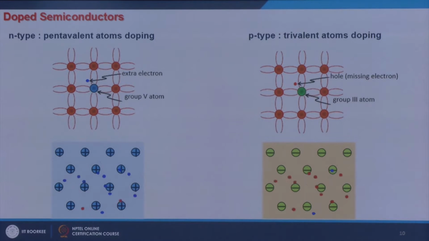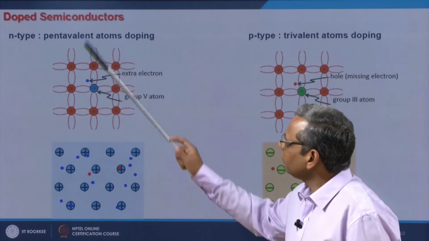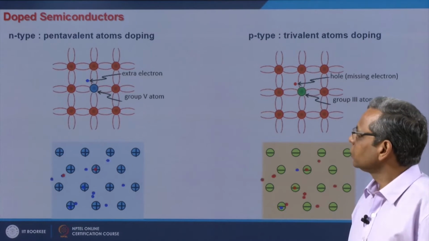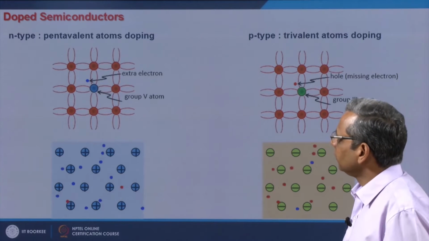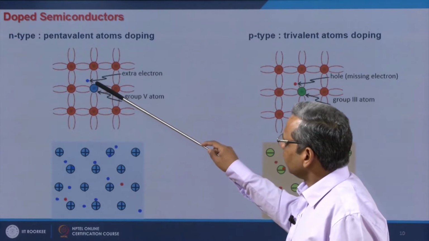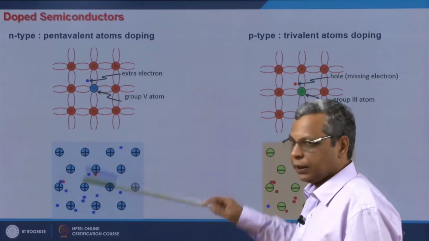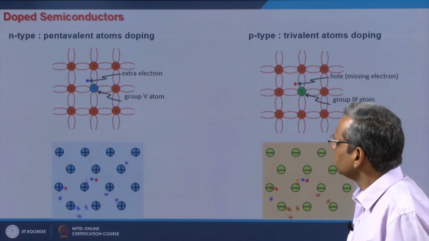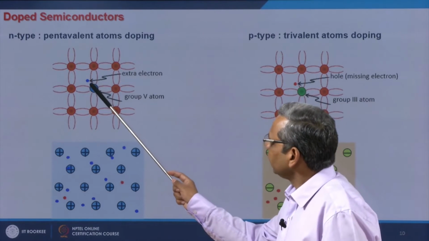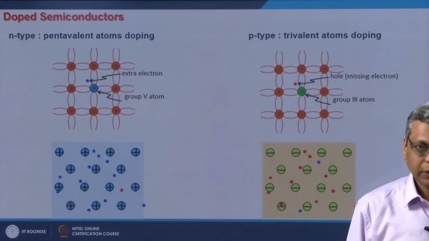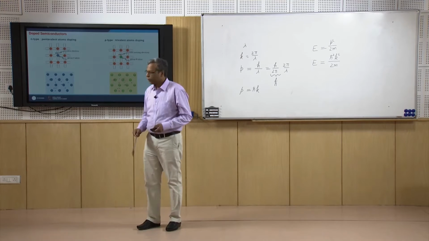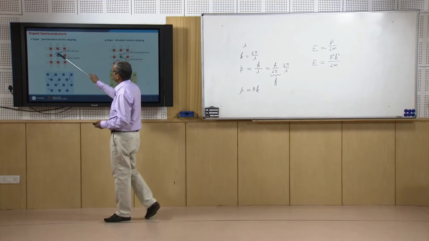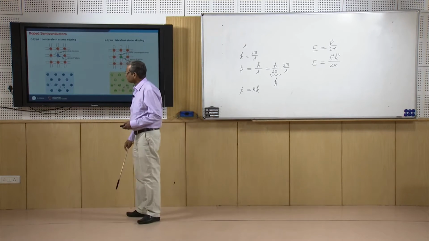If I dope with pentavalent atoms, then 4 out of 5 valence electrons of this pentavalent atom make bond with 4 valence electrons of the semiconductor material, and 1 electron is left, which is now available for conduction.